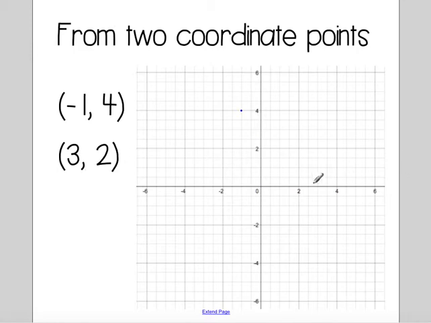And then we have positive 3, 2, so over 3, up 2. So finding our slope, again, we're going to use our slope triangle method. You can picture a line going through those 2 points.